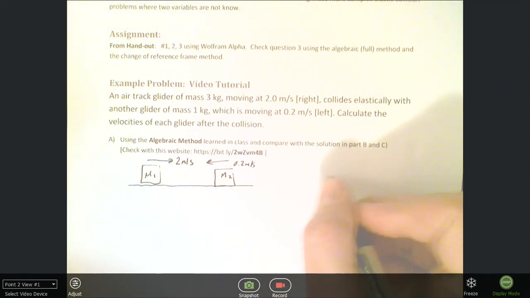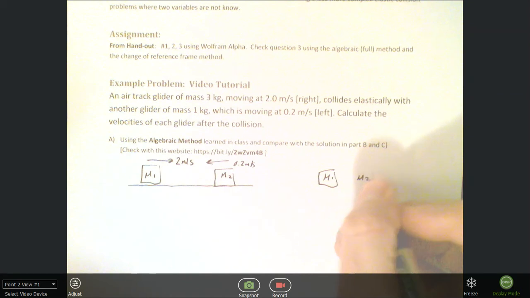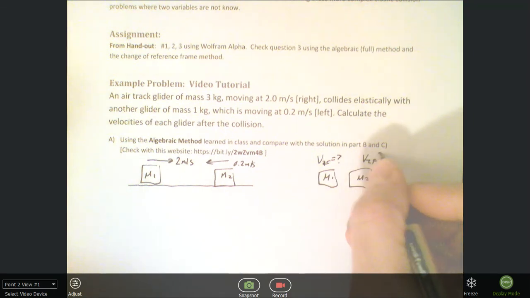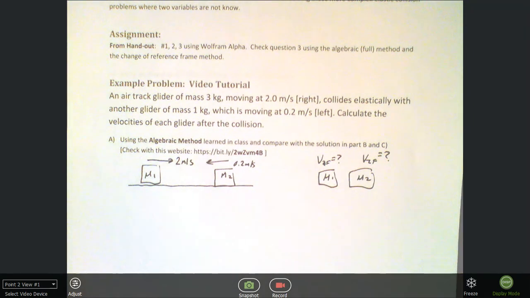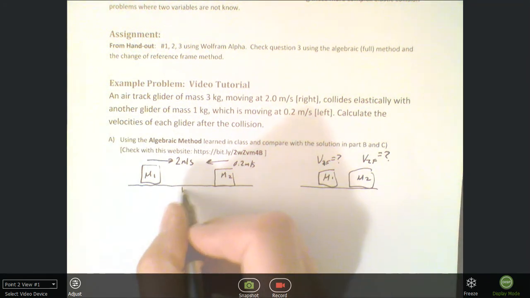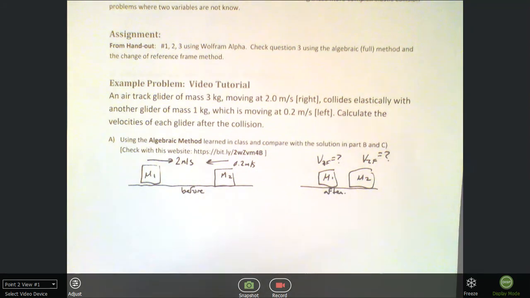And after, they bounce off each other somehow. And we are going to try and figure out what V1F is and what V2F is. That's what we're trying to figure out. Okay, so that's before and after. And drawing these sketches is really important.